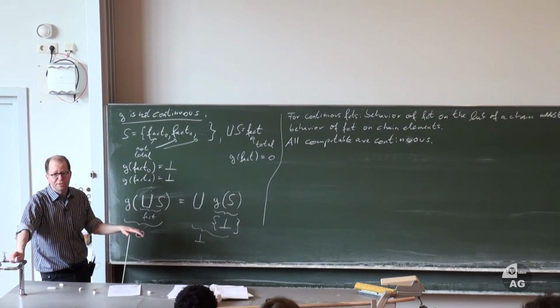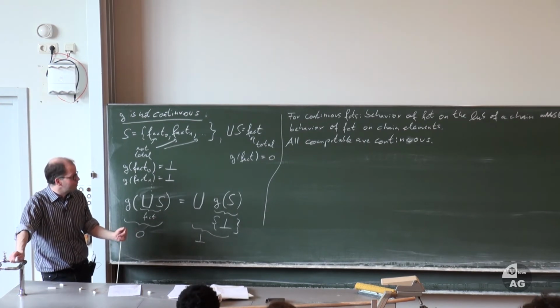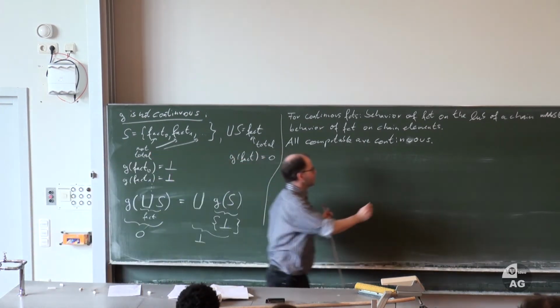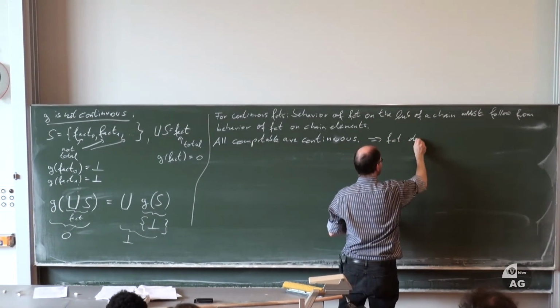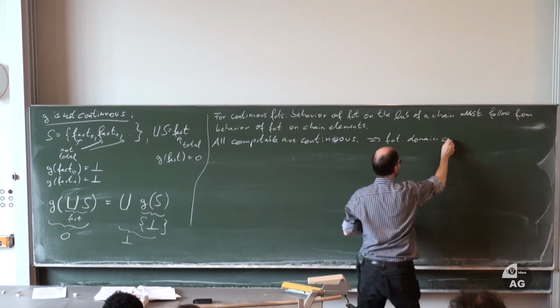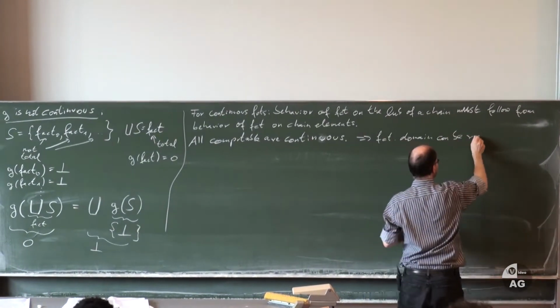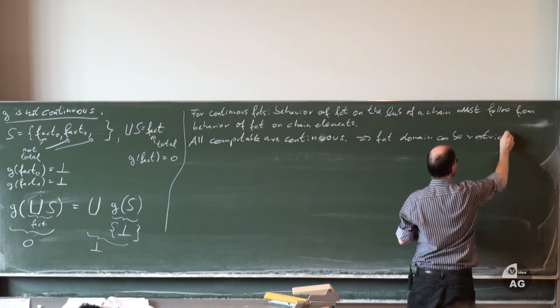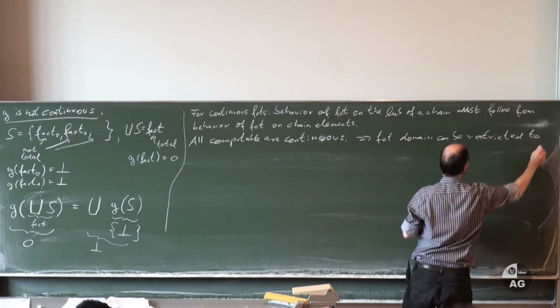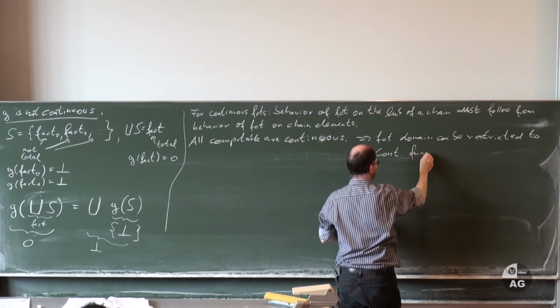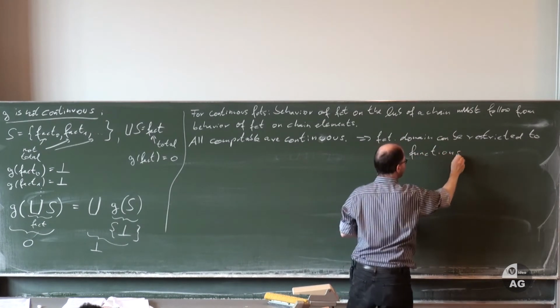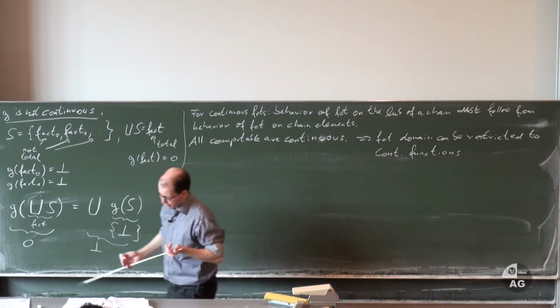All programs should correspond to continuous functions. So the function domain can be restricted to just continuous functions. We don't need the other ones since they are not computable anyway.